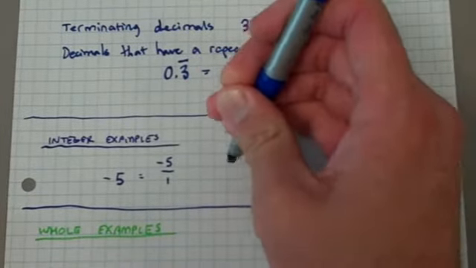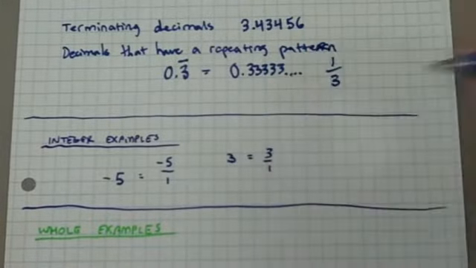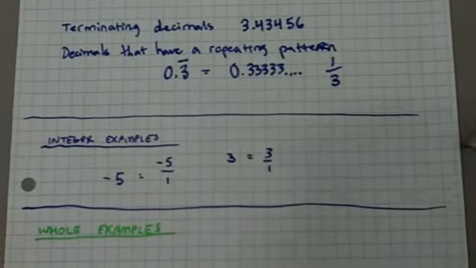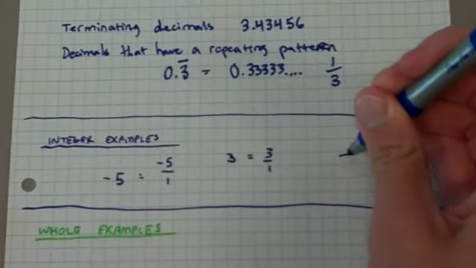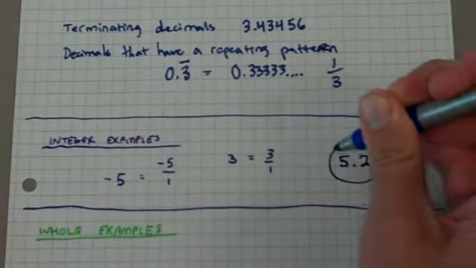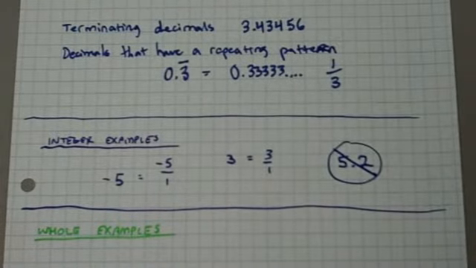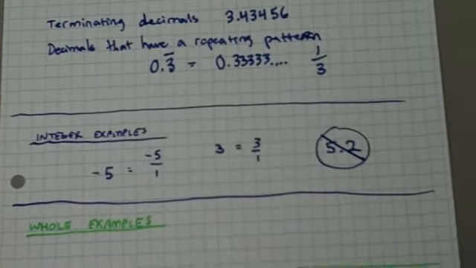I could say 3. That's an integer. It's also a rational number because 3 over 1. I cannot say 5.2. That is not an integer. That's a no-no. Remember, integers do not have fractional or decimal parts, so that would not be a good example.